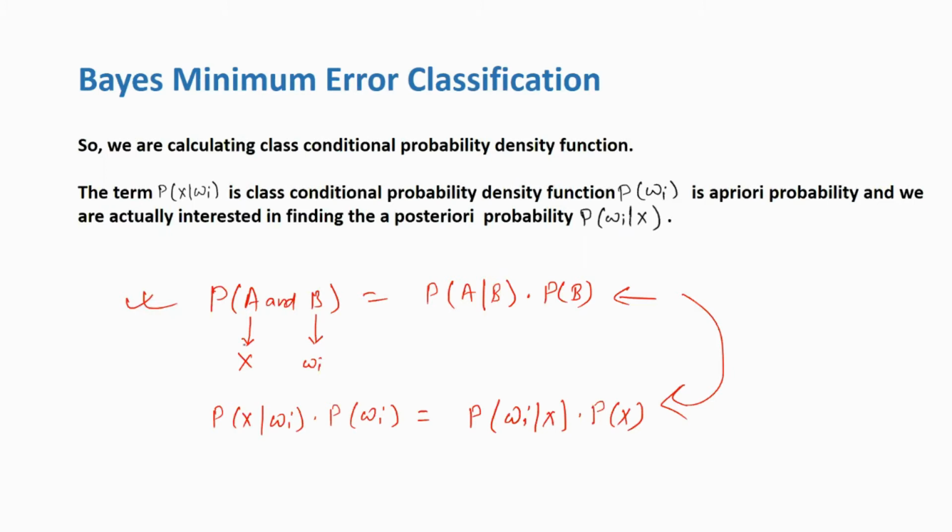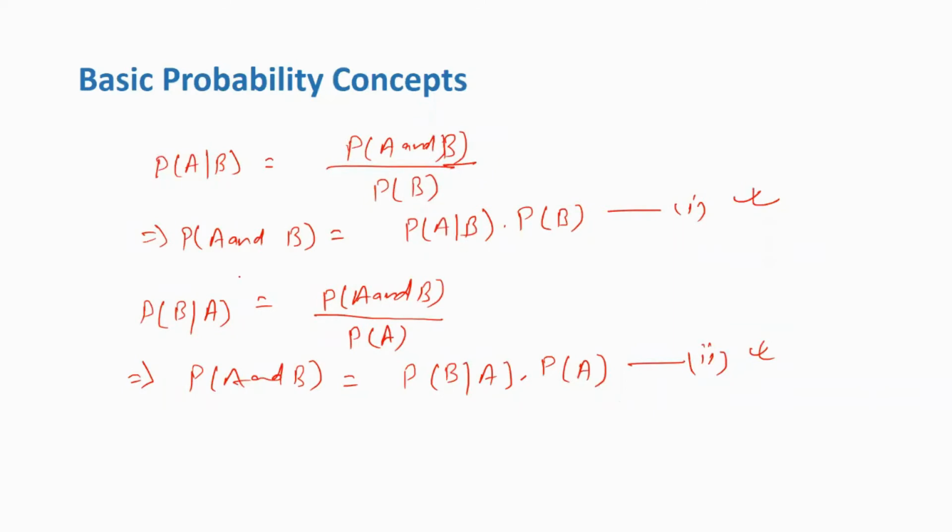Correct. Now from this conditional probability, I am deriving this one. How? Since both of their LHS are the same, you can equate the RHS values. So probability of A given B multiplied by probability of B equals probability of B given A multiplied by probability of A. Is it fine?